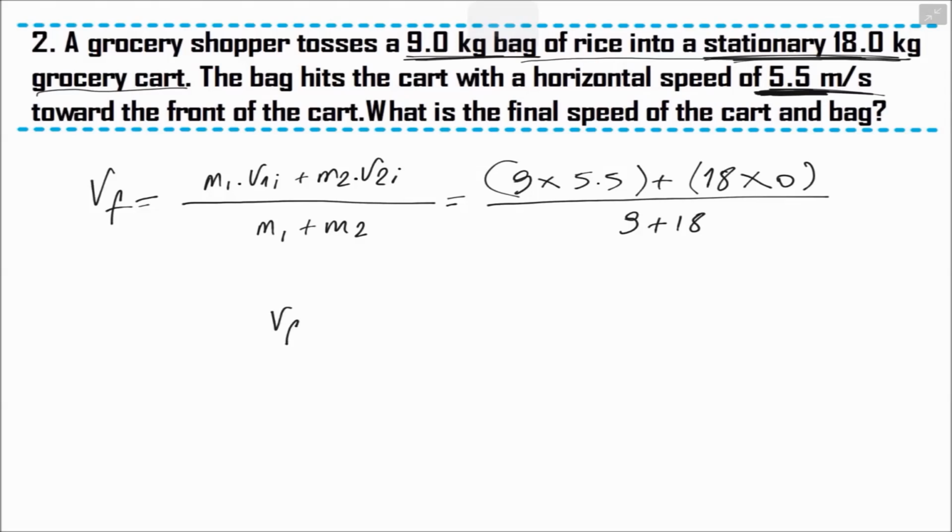So v final will be 49.5 over 27, which is 1.83 meter per second, in the same direction as the rice. Thanks for listening.